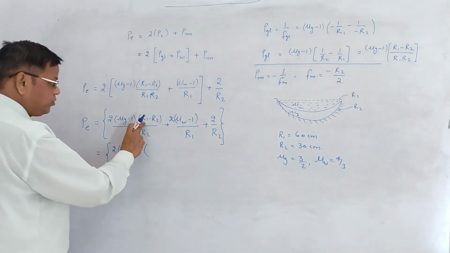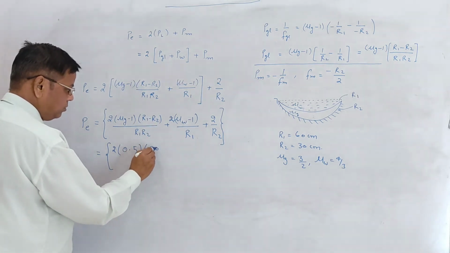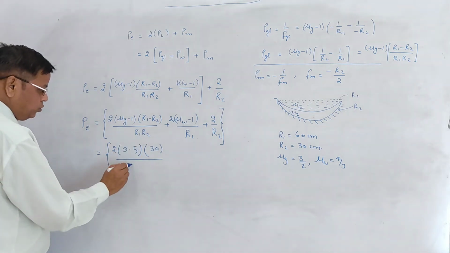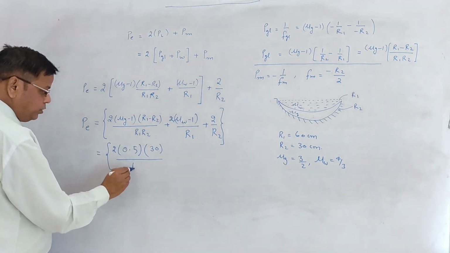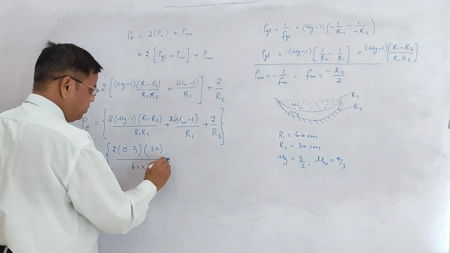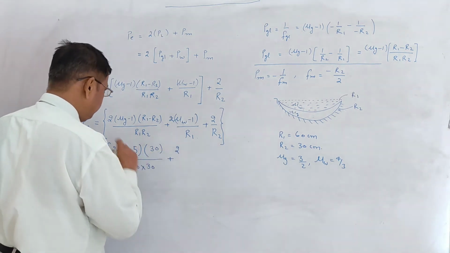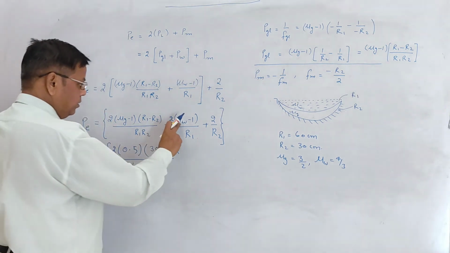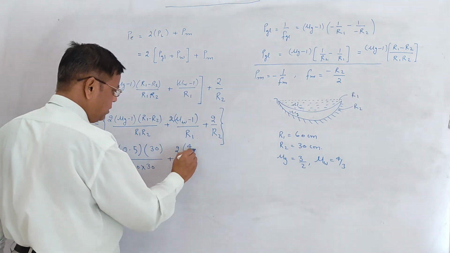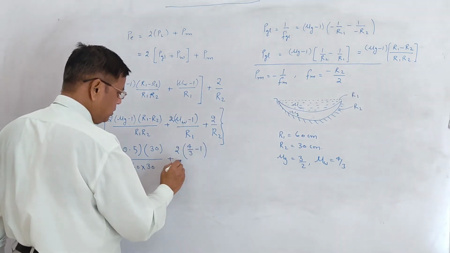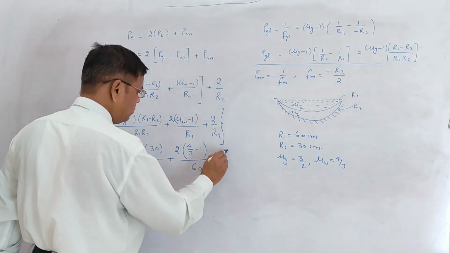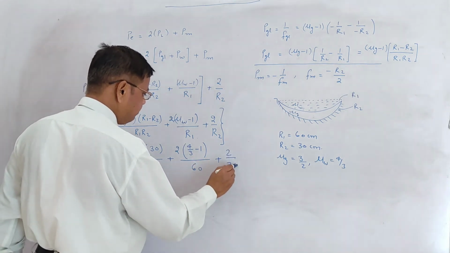R1 minus R2, 60 minus 30, so it is 30 divided by 60 into 30, which is 1800, plus 2 times (4 by 3 minus 1) upon 60 plus 2 upon 30.